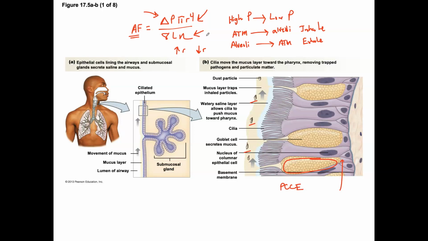The thickness of the mucus secretions and saline secretions within the respiratory system will have a negative impact on airflow. There will be an inverse relationship. So as viscosity goes up, your airflow is going to decrease.